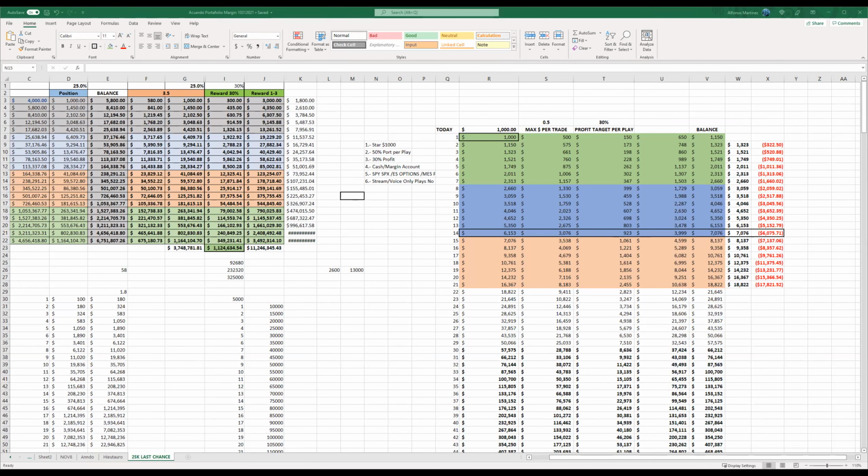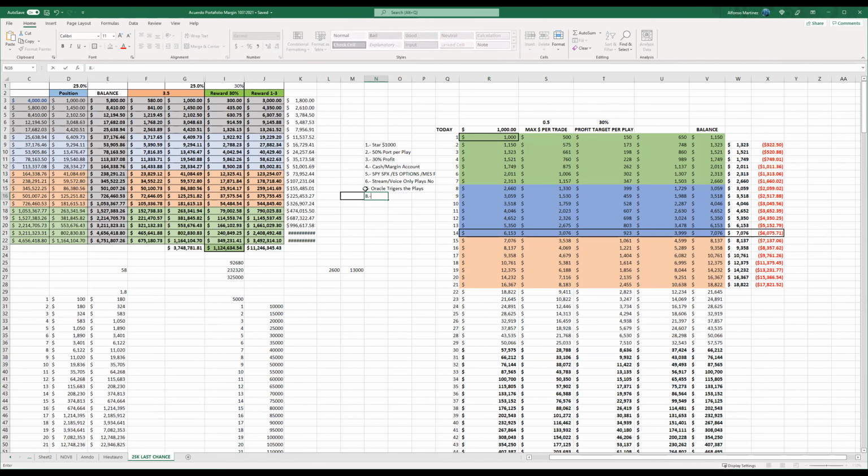And okay, the idea is that we're going to use the Oracle triggers here. We're not going to be scalping, and only when the Oracle is aligned are we going to go for it.